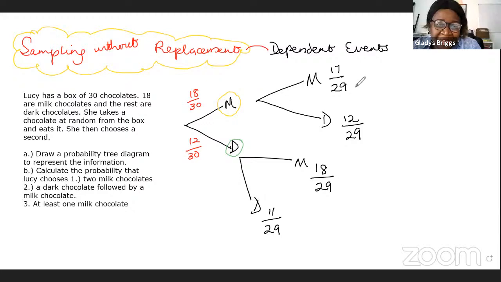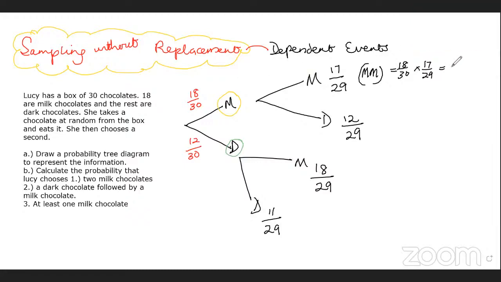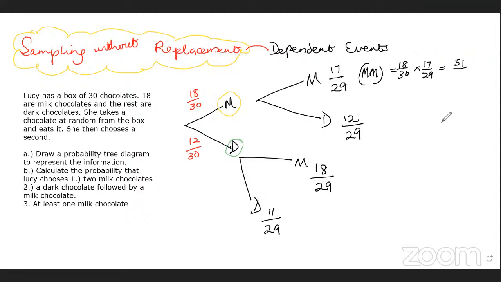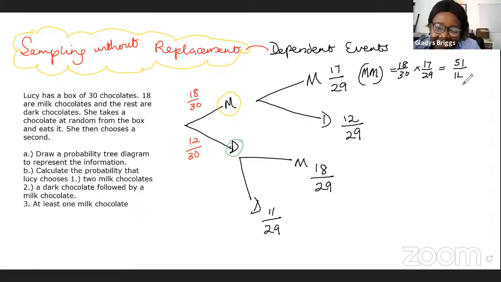So what are we getting for the first one? Milk and milk is what? 18 over 30 times 17 over 29. These are going to be big numbers. What did we get? 51 over 145.